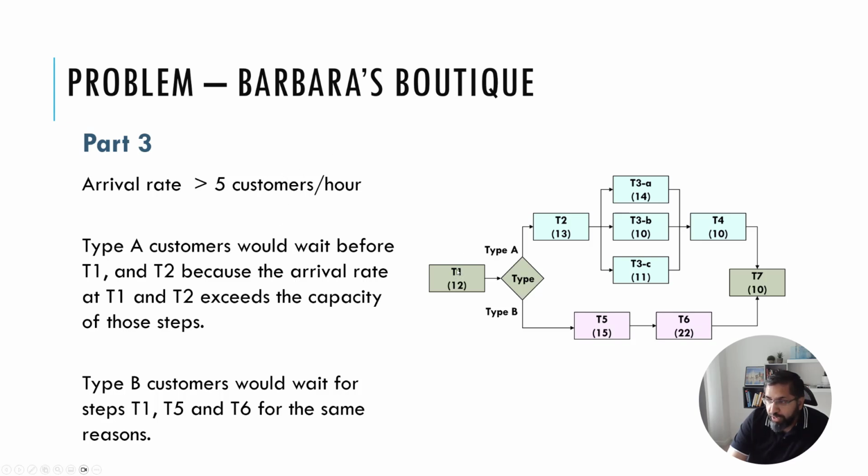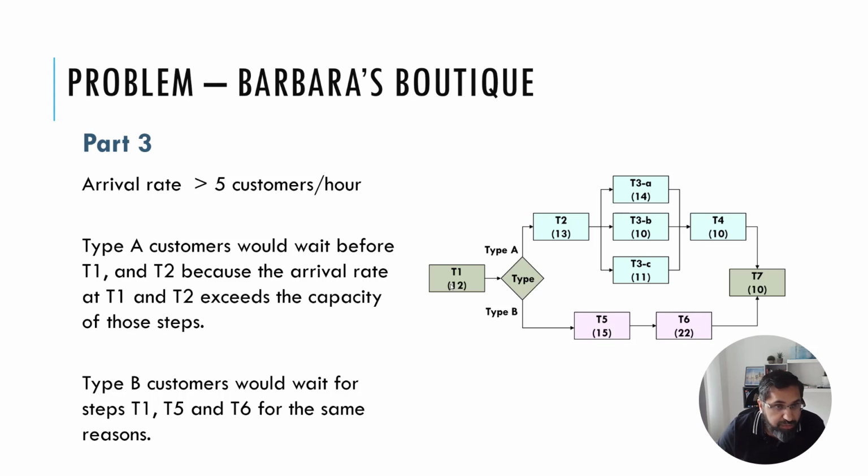Now, if you look at T1, what's coming into T1 is more than 5 customers per hour. What can T1 handle by itself? What is the capacity of T1? The capacity of T1 is 60 over 12, which is 5 customers per hour. So the load on T1 is more than what it can handle.